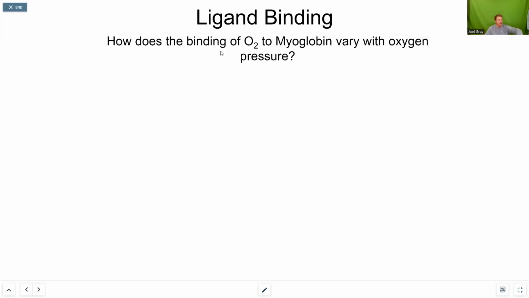Now, how does the binding of O2 to myoglobin vary with oxygen pressure? O2 is a ligand to myoglobin. We're not investigating heme because with wild type myoglobin or hemoglobin, we can operate under the idea that the heme molecule is present.